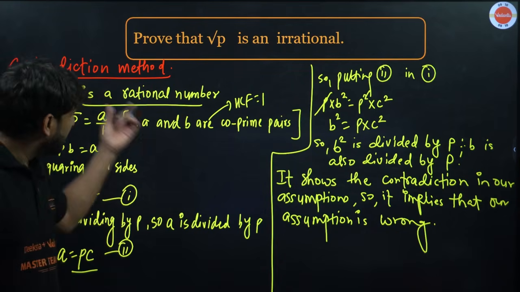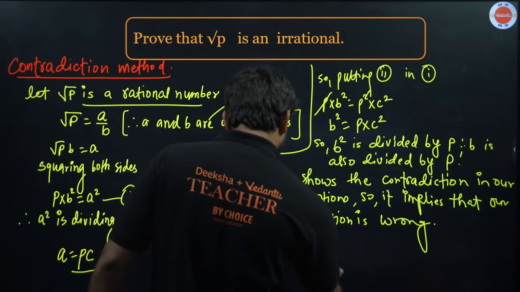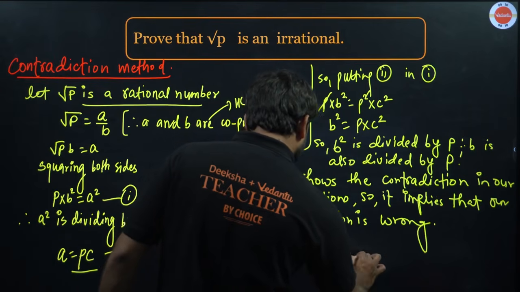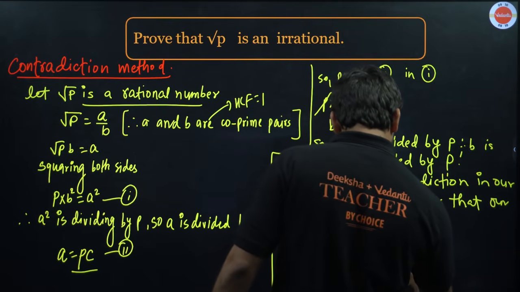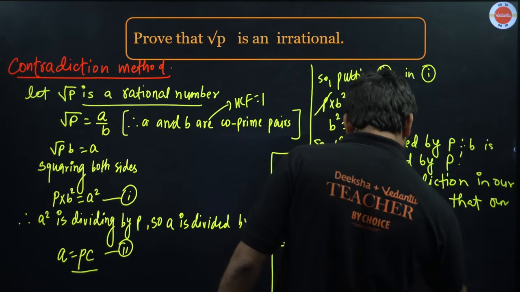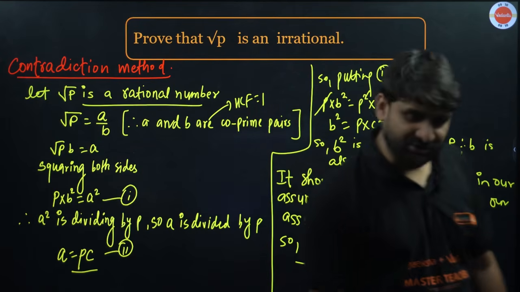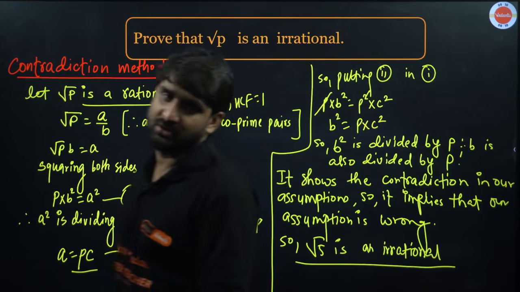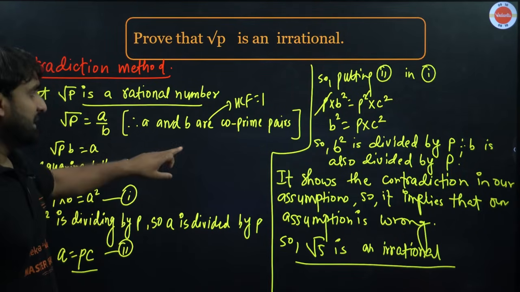Because we assumed it is a rational number. So root 5 is an irrational number. It cannot be rational, because by assuming it rational we get a contradiction, making the statement wrong. So it has to be irrational.